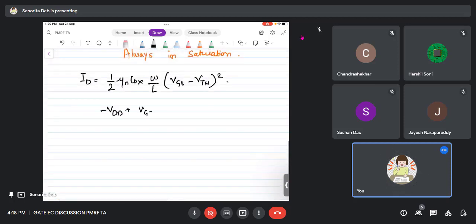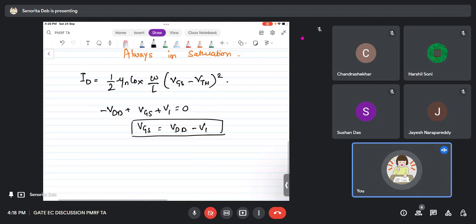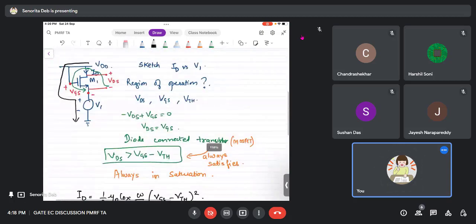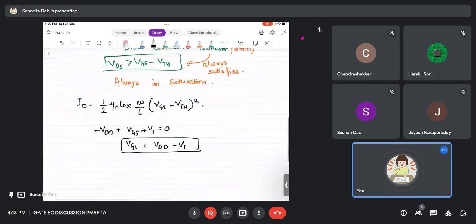So what will VGS be? Minus VDD plus VGS plus V1 is 0. So VGS is VDD minus V1. This is my way of writing the KVL equation. Yours can be different. As long as we reach the same answer, there is no issue. So VGS is nothing but VDD minus V1. I hope you understood it.